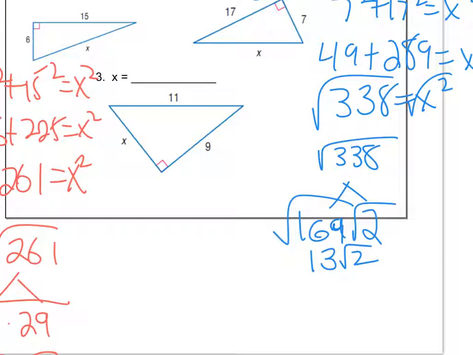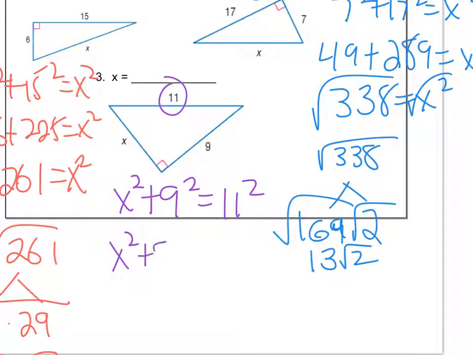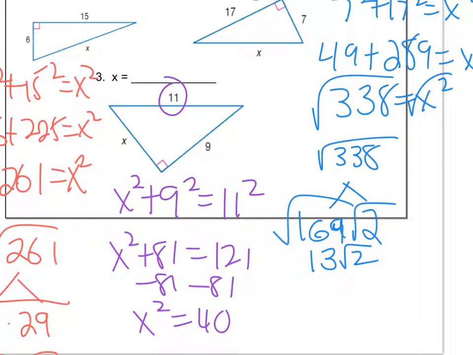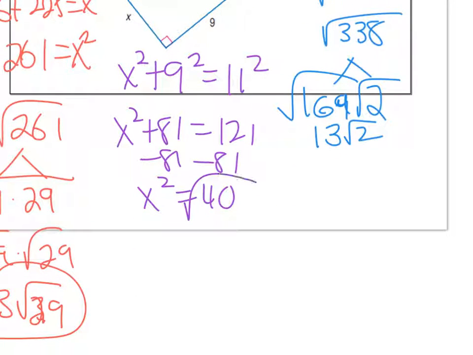So for number 3, I'll change colors here so as not to get confused. 11 is my hypotenuse, so it goes x squared plus 9 squared equals 11 squared. So that means x squared plus 81 equals 121. Now I've got to do a little algebra, so it's 40. I've got to break up 40.